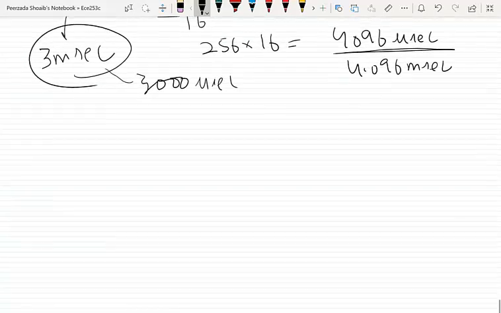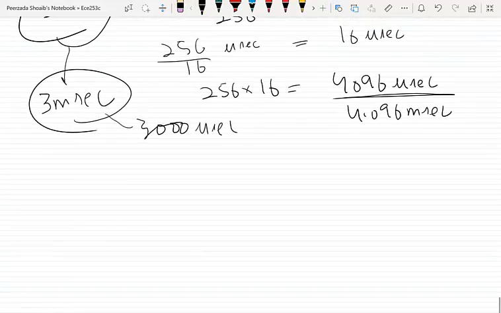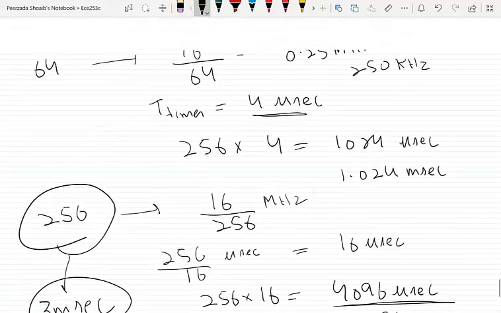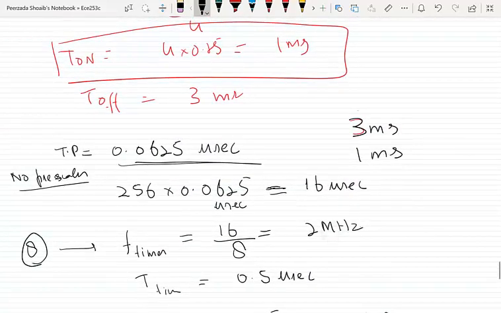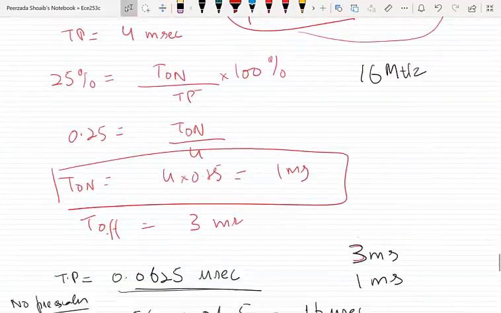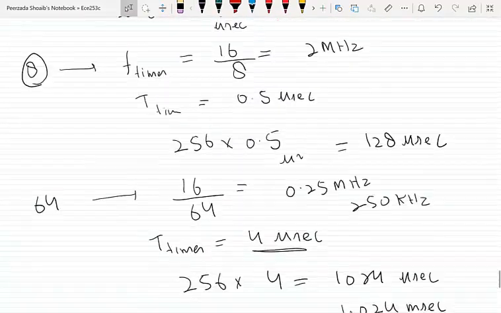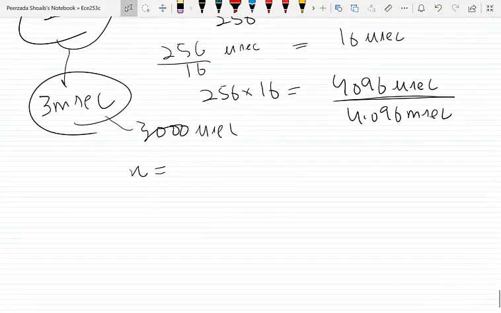And what is my second step? I have to find n, and this time I have to get 2 different values, because when I turn on I have to give a different time delay, and when I turn off I have to give a different time delay. When I turn on, the time delay is only 1000 microseconds, because its on time is only 1 millisecond, and off time is 3 milliseconds, that's 1000 and 3000 microseconds.